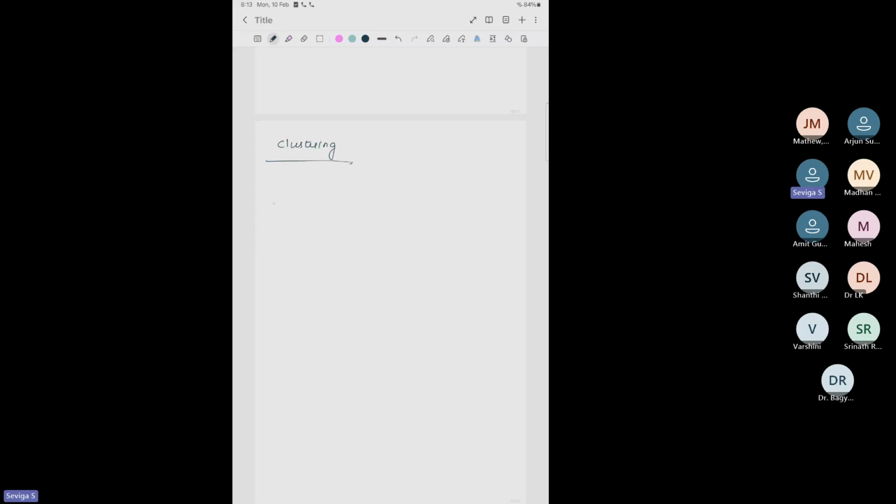So suppose imagine that we have a data like this. So what we need to do is group it into different categories. Or I would say different clusters. Categories is not a correct word, sorry. So we need to group into different regions or different clusters.